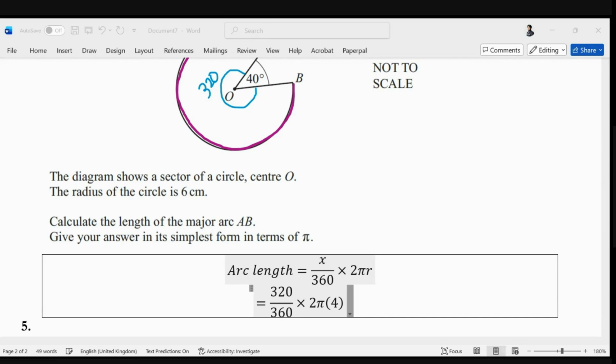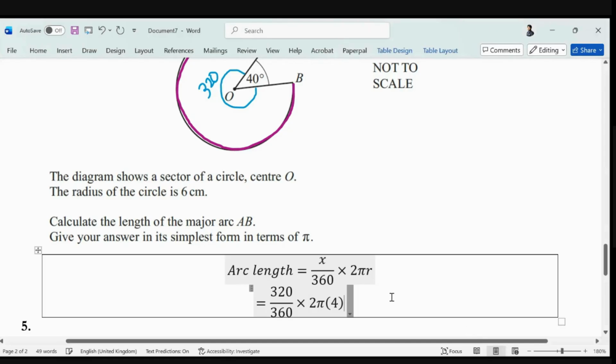Let's just simplify this, and I hope none of you are using the calculator. Cancel this 0 and 0, simplify it with 2. Then cancel this 2 with 36 as well, this 4 with 36 as well. Cross cancellations can also be done in this part. So what do you end up with?